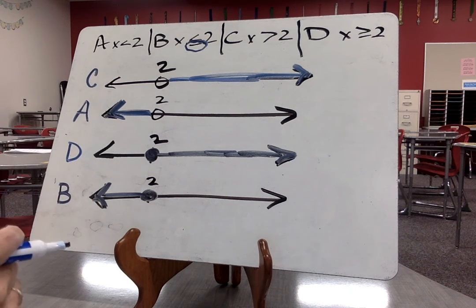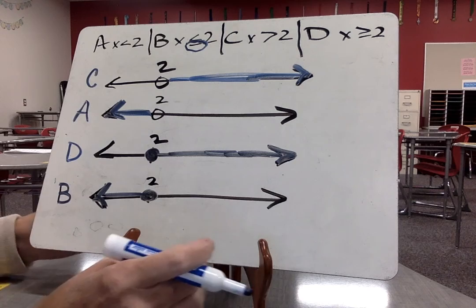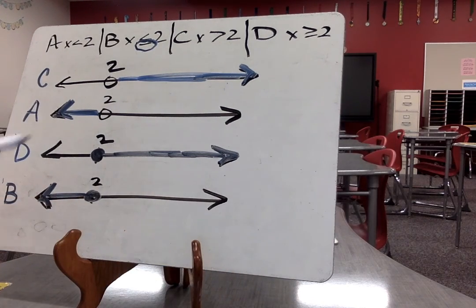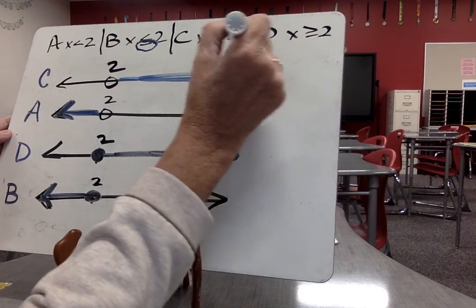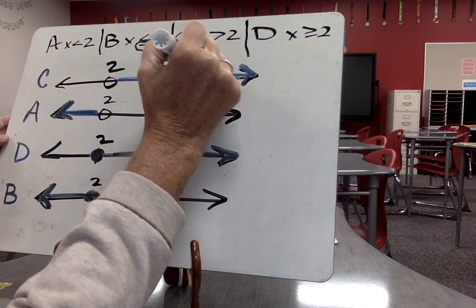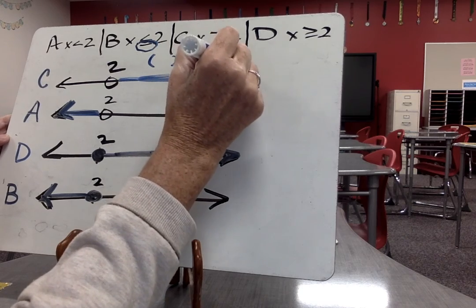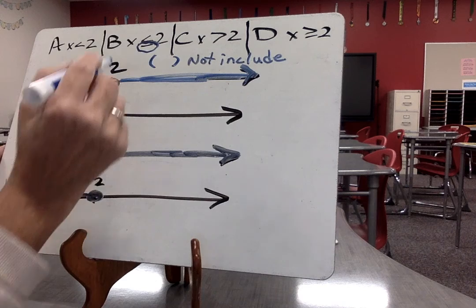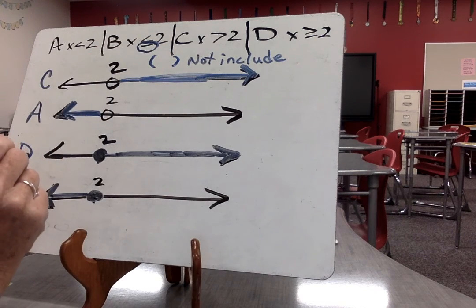Now, I'm also going to teach you how to write it in interval notation. So, for interval notation, when I put parentheses, it does not include the number. So it's like less ink.